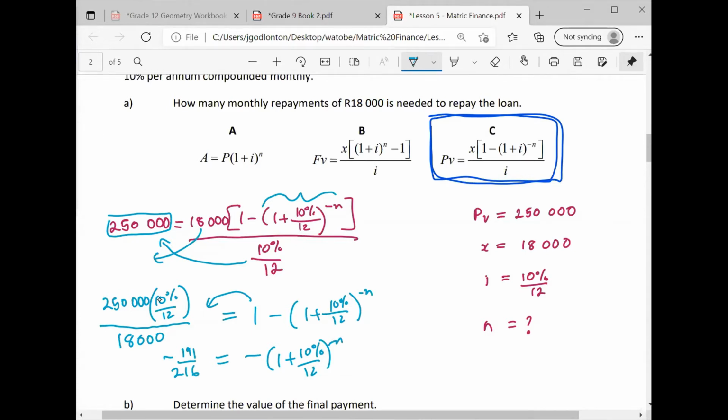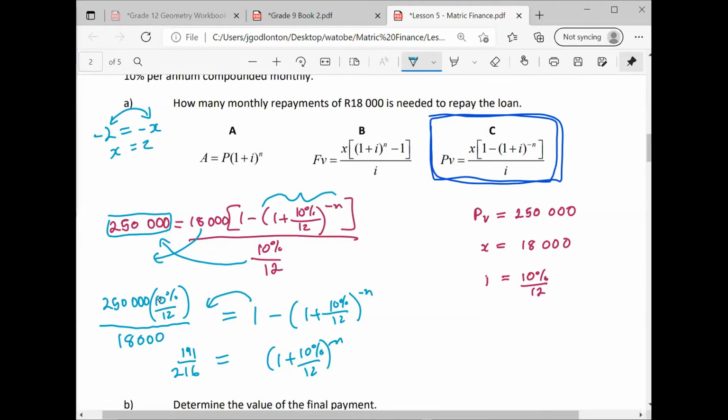Now it's the same as if I had negative 2 is equal to negative x. Then if I swap them around, x would be equal to 2. So I get to just ignore those two negatives because they're both negative. Well, I'm dividing by negative, or I'm swapping them. You can think of it however makes most sense to you. And now from here, I'm going to go into my log. Sorry, I'm running out of space.